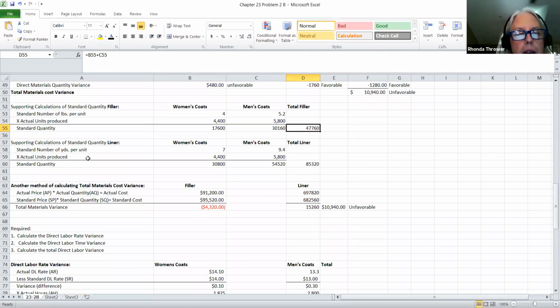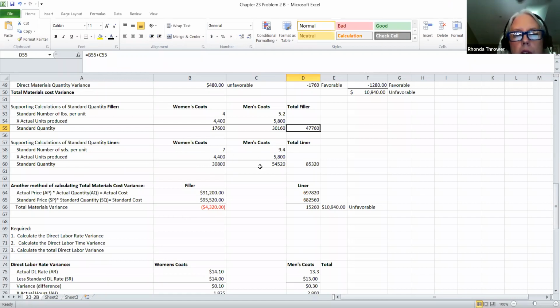The supporting calculations for the liner: the standard number of units is also given in the information above. You're just going to find the given information and multiply it to find the standard quantity for the women's coats, and you'll do the same thing for the men's coats.